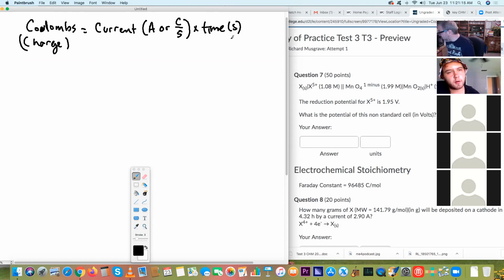Current, A for absorbance? No, amps, amperes. Times time in seconds. That gives you coulombs.